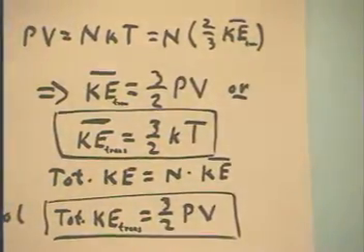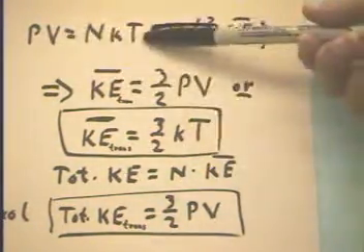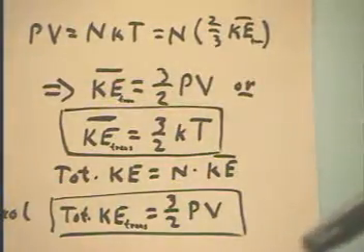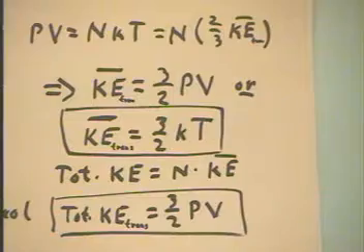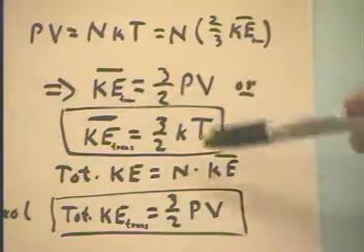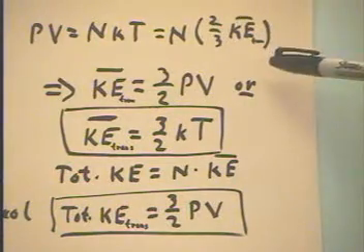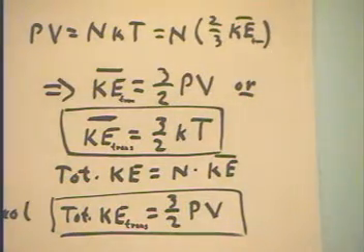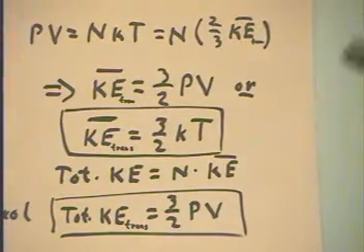Now we can express the gas law either this way or as PV equals little n RT. If we express it this way, remember that PV was equal to N times 2/3 the average translational kinetic energy. Now you can't see it, but the little subscript in kinetic energy here is now translational, because we're getting into the problem that there can also be kinetic energy of rotation in diatomic molecules.